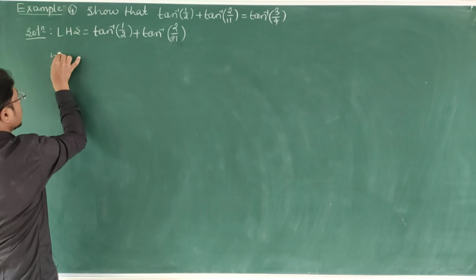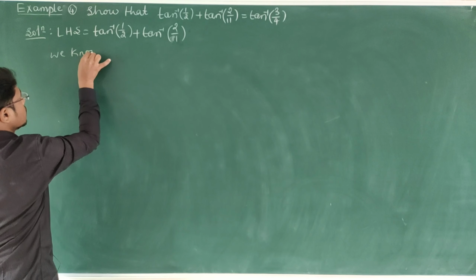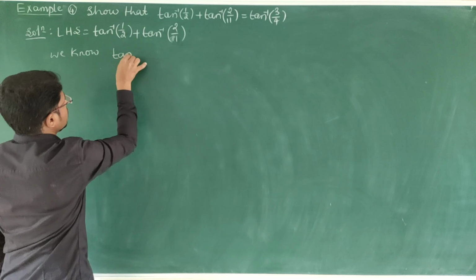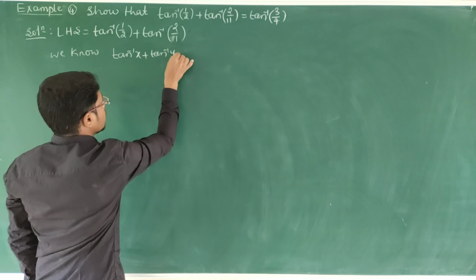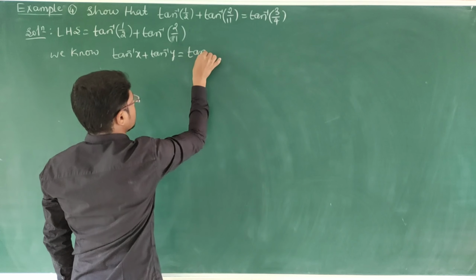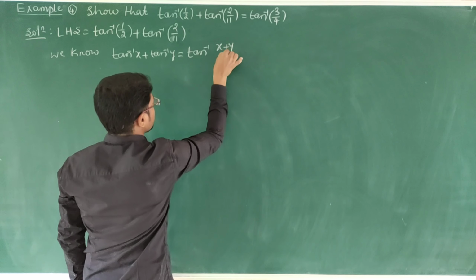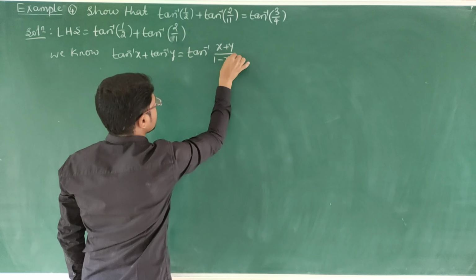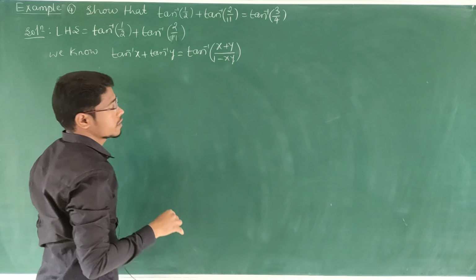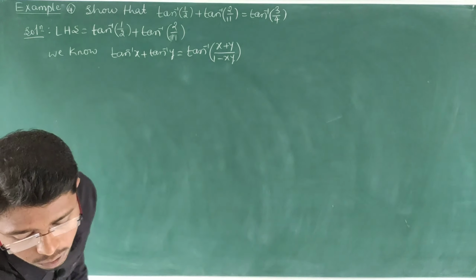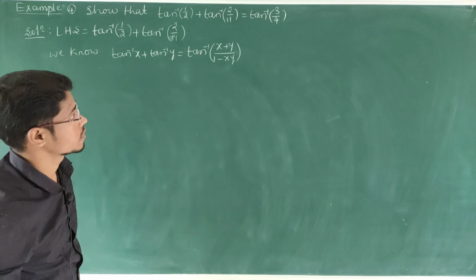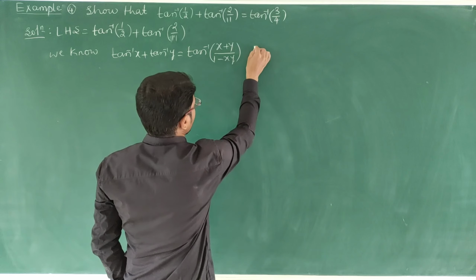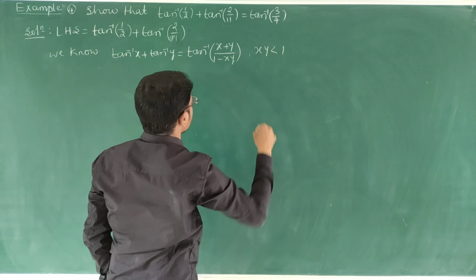We know that in yesterday's class I explained the formula: tan inverse of x plus tan inverse of y is equal to tan inverse of x plus y divided by 1 minus xy, when x into y is less than 1.